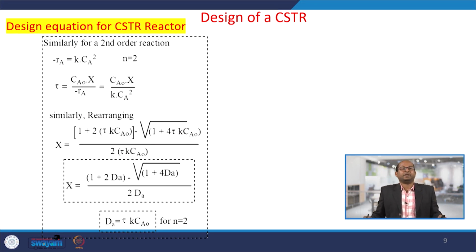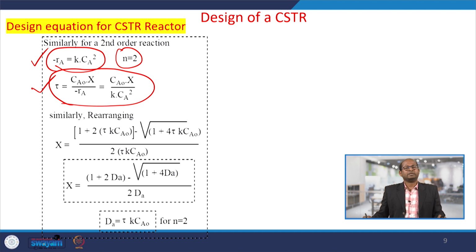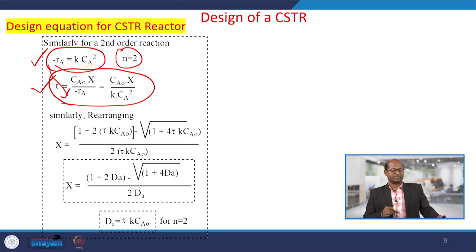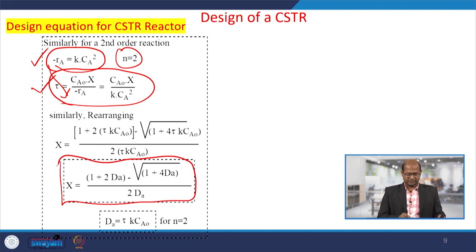So, similarly for second order reactions, when n equals 2, we can write the rate equals this, and we can put it in the CSTR design equation in terms of tau, conversion and initial concentration. If we simplify or rearrange similarly as we did for first order reactions, then conversion and Damköhler number we can write this way.